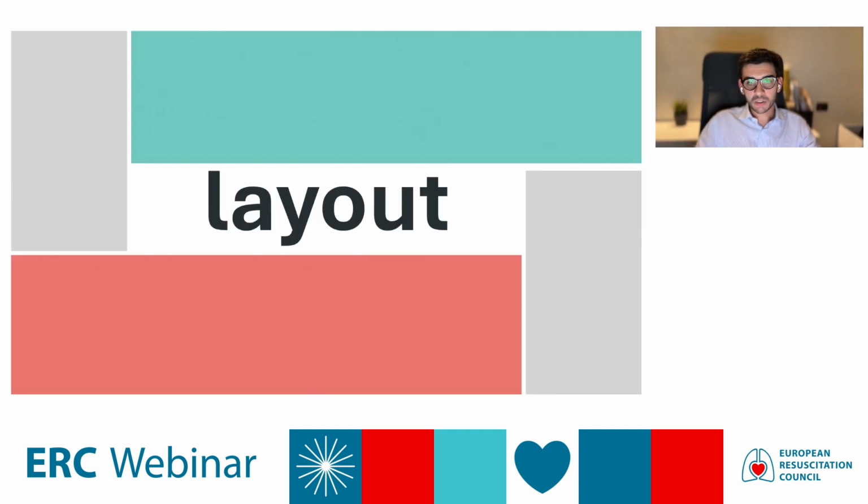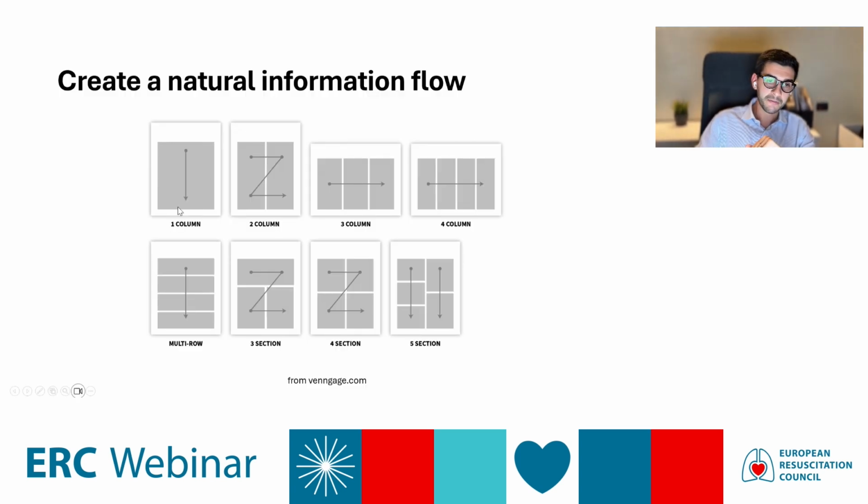And layout is one of the most important things. Frequently we see posters that have no clear layout or clear organization of the content. Layout is very important, and frequently you can choose between these types of organization.